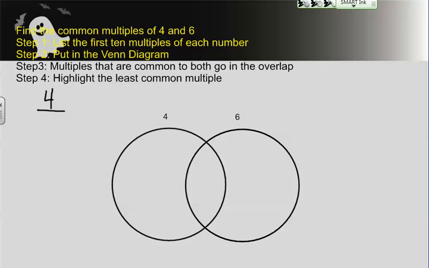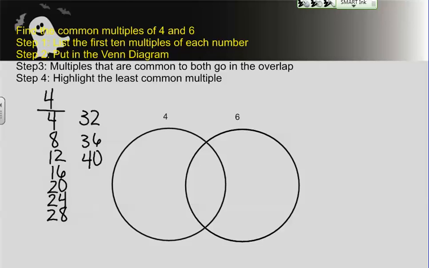So it goes 4, 8, 12, 16, 20, 24, 28, 32, 36, and 40. That takes me up to 4 times 10. Now we're going to go over to 6.